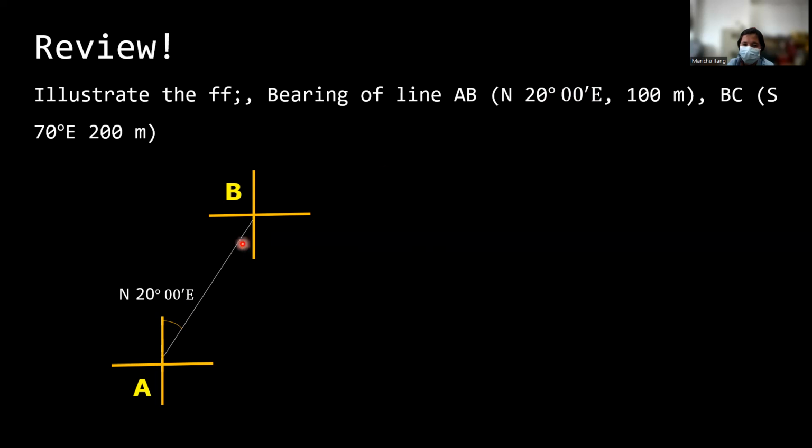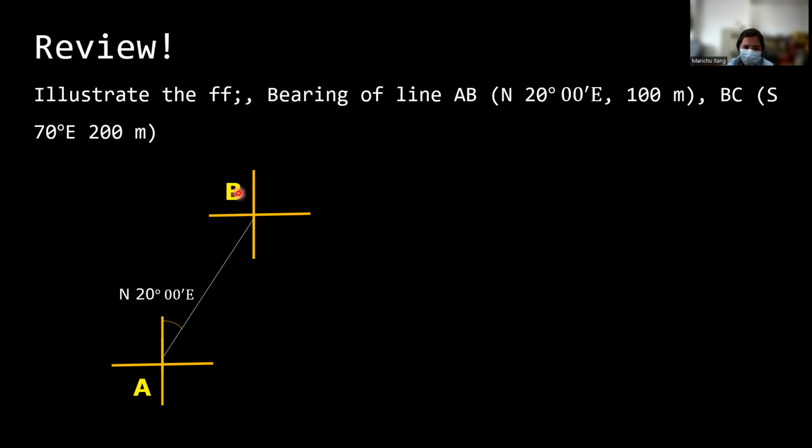So if this is 20, therefore, this remaining angle here is 90 degrees minus 20. Basically, this is equivalent to 70 degrees. Okay. The next line is BC, which is south 70 degrees east and 200 meters distance.